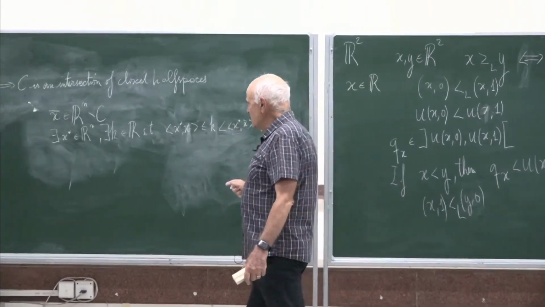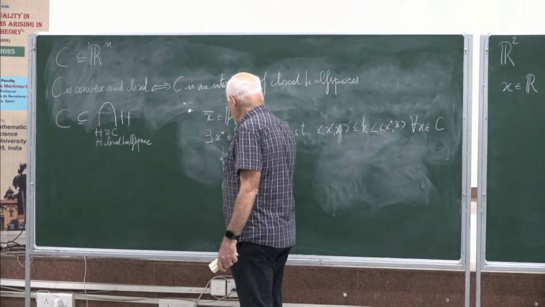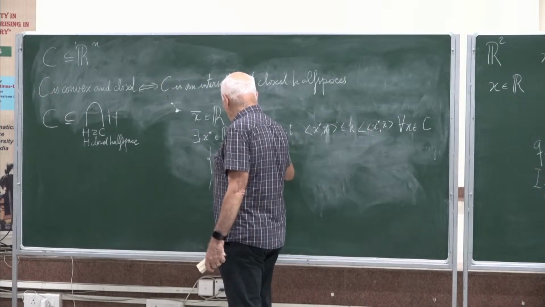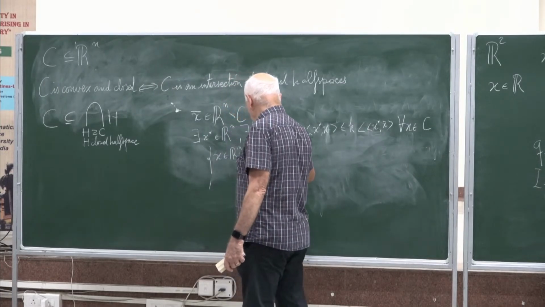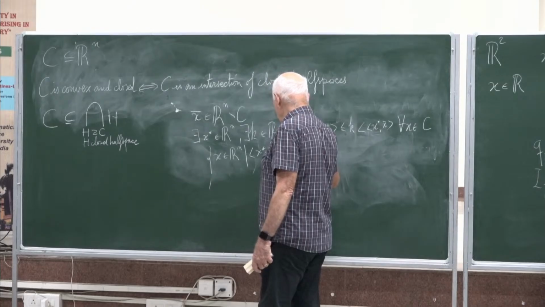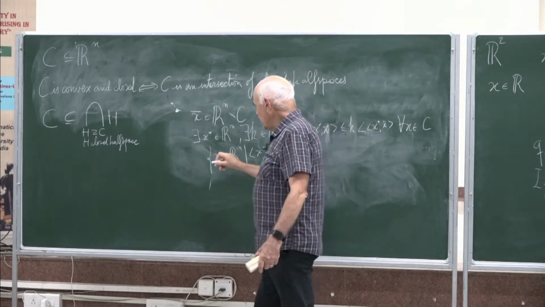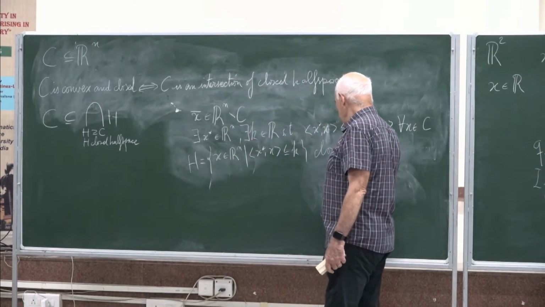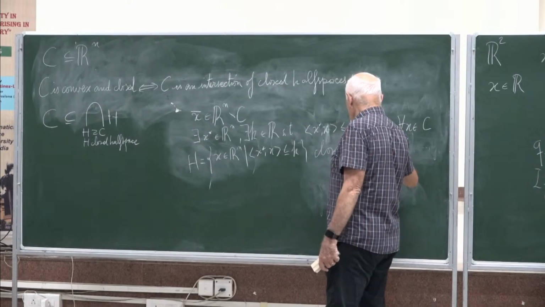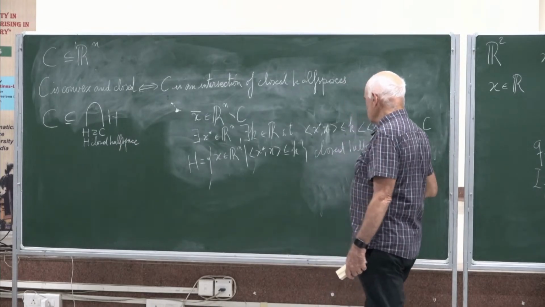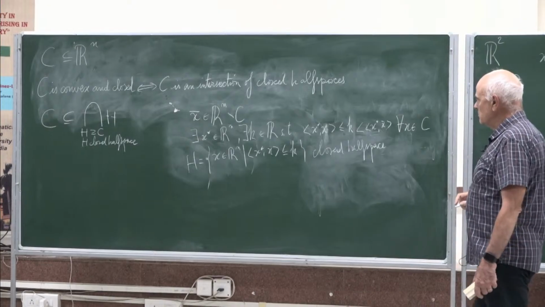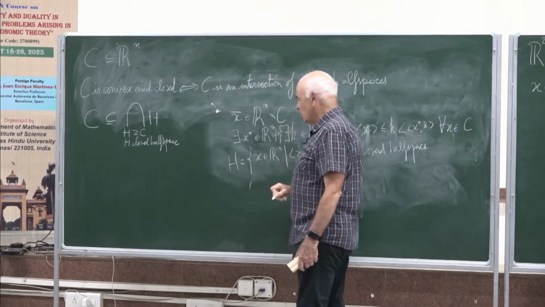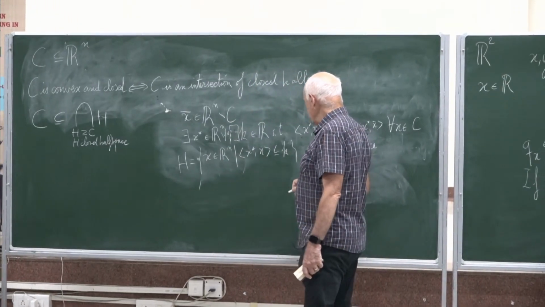But this defines a half space, a closed half space. Call it H. Well, it's a real half space if x star is different from 0, and of course the separation is with a non-zero vector.